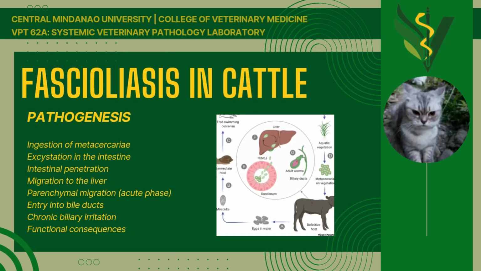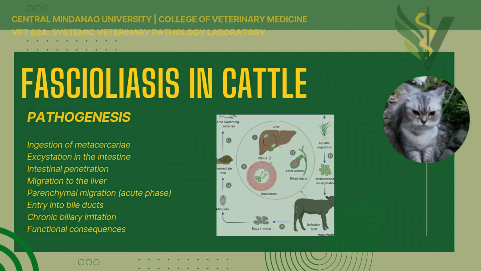Here we have the ingestion of metacercariae, excystation in the intestine, intestinal penetration, migration to the liver, parenchymal migration, entry into the bile ducts, chronic biliary irritation, and functional consequences. Those are the subtopics that we are going to tackle.